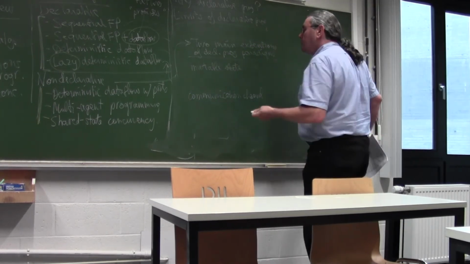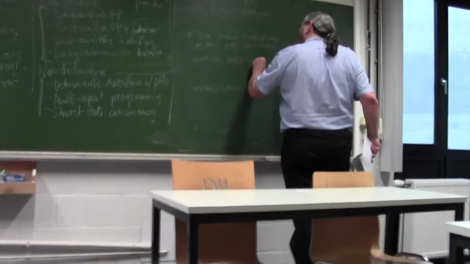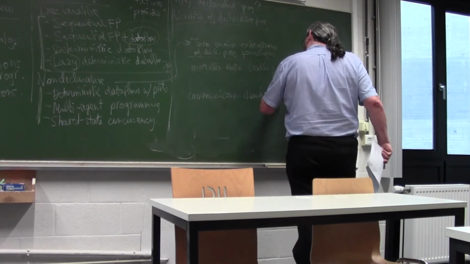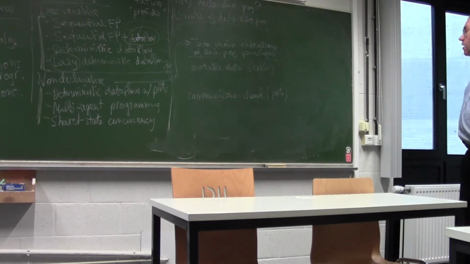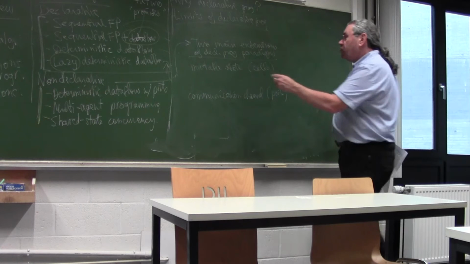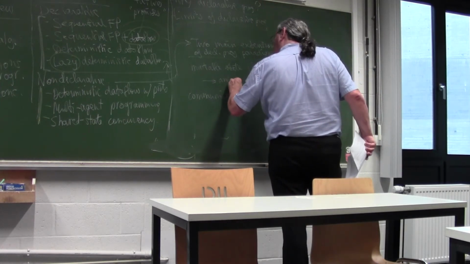The mutable state, everybody knows: it's variables that you can assign more than once, and we call them cells. And the communication channel is where you can send and receive on it. We call them ports. The main difference is that when you do an assignment, you forget the previous values.